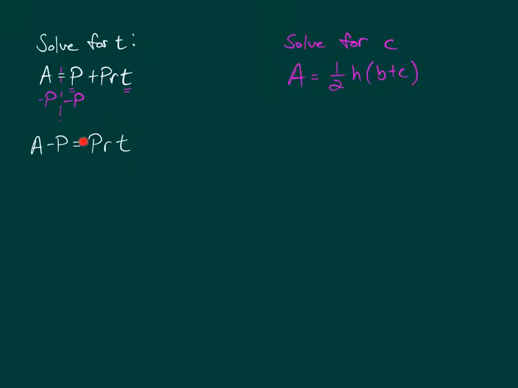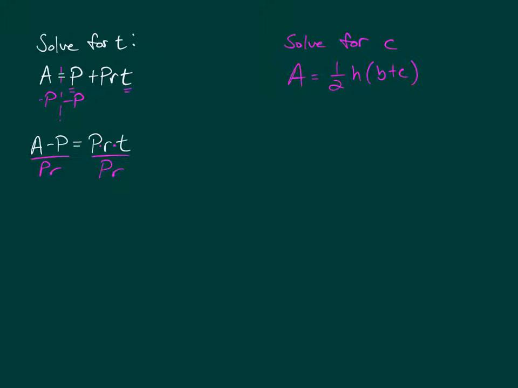So now that I have this term with t in it on one side and the term without t on the other, I can isolate this t a heck of a lot easier. And I can do that by dividing by whatever's left over here, because it's p times r times t. These are being multiplied to t, so I'm just going to divide them away, over pr over pr.